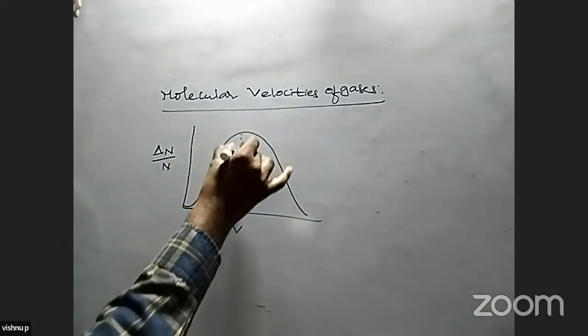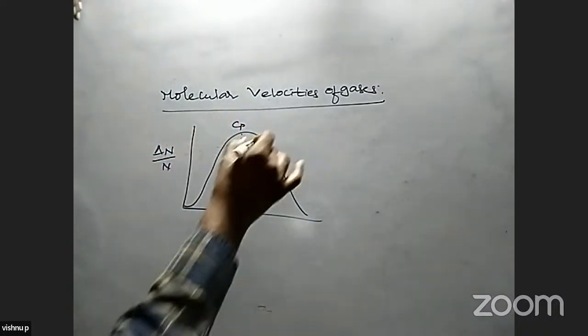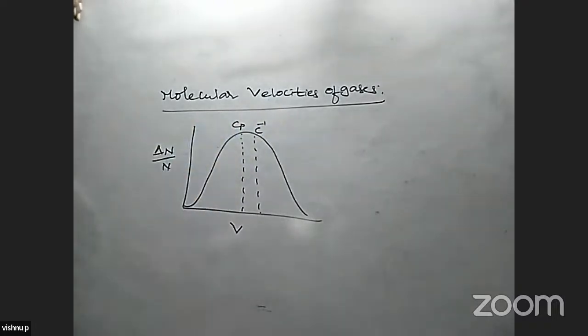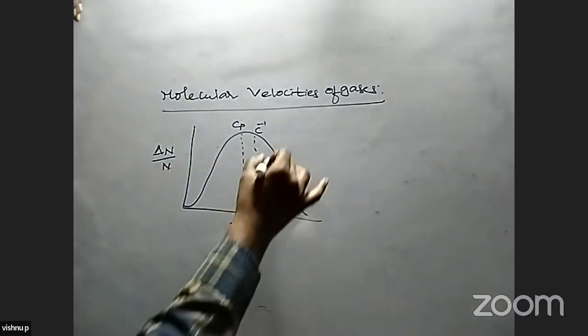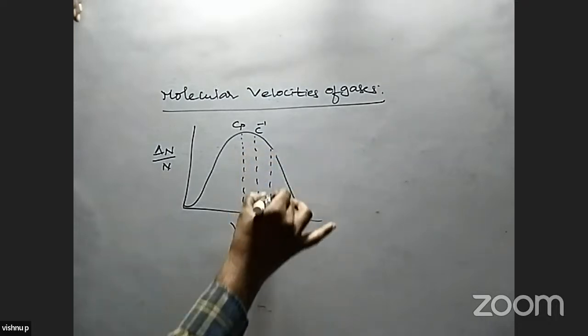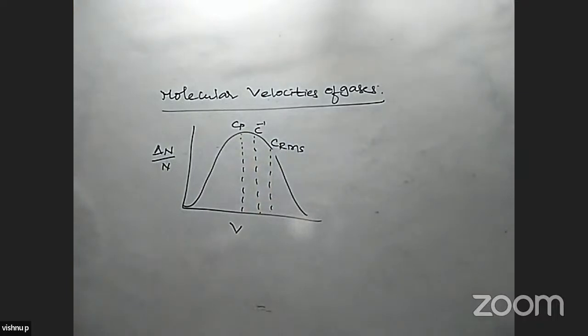First here is the most probable velocity. Second is called the average velocity. Third is called the RMS velocity. So three types of velocities are there.